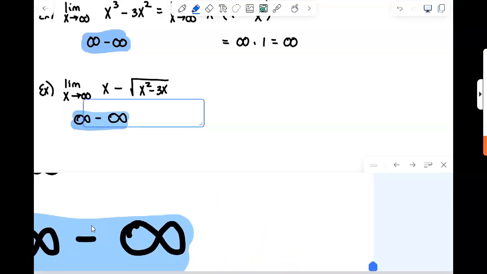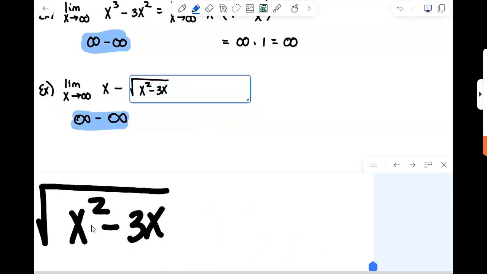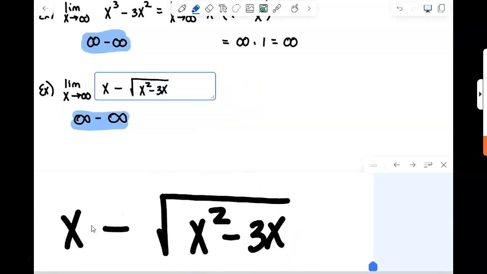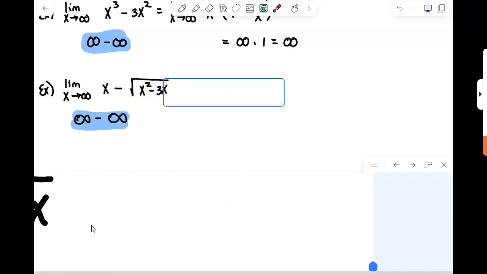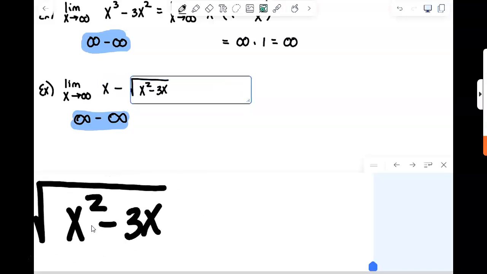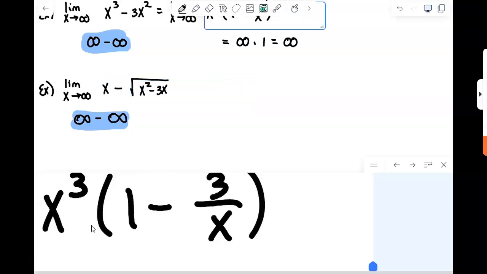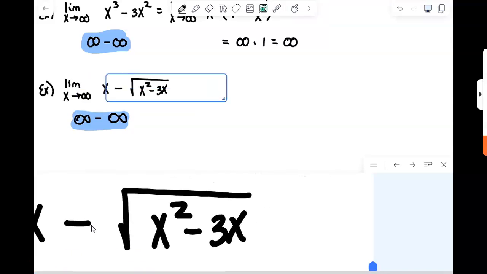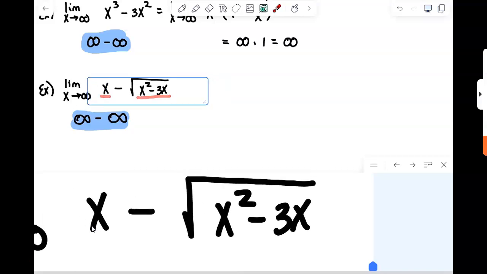So here's what we do. I'd sure like to have something I could take out of everything. That's what I'm looking for. With that in mind, I realized that the dominant piece here is the x squared. And if I had the square root of x squared, that would be closely related to the x.